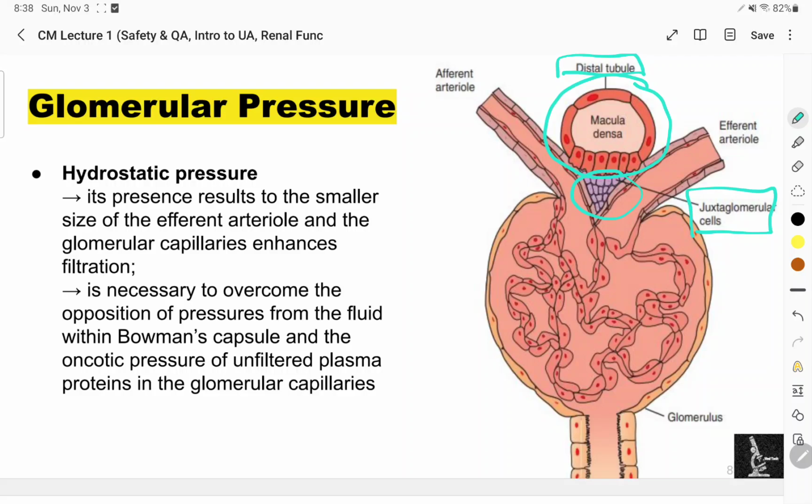Okay? So, ang hitabo ni is, for example, low blood pressure. So, low blood pressure, gamay ra ang flow sa blood, pressure sa blood. Okay? So, if low blood pressure, okay, low ang BP, si afferent arteriole, mo-dilate siya.